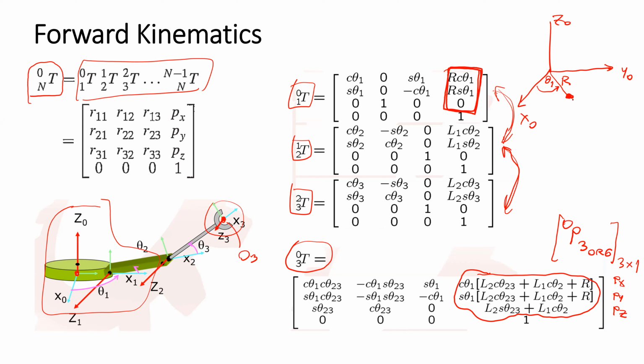So the origin of frame 1 relative to frame 0: the x component will be r cosine theta 1, the y component will be r sine theta 1, and the z component of the origin of frame 1 with respect to frame 0 will be 0.